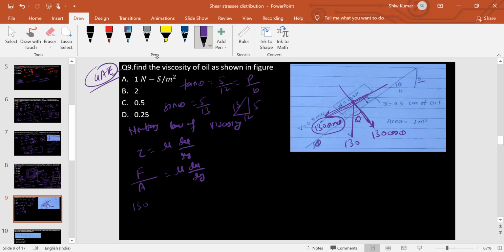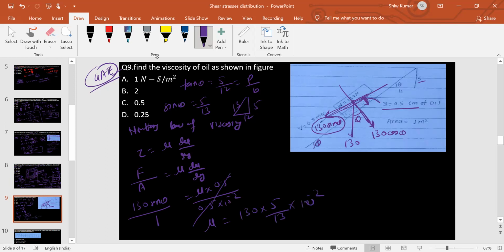Area is 1 meter square, mu I need to find out, velocity is 0.5, and the thickness between the plates is given as 0.5 centimeter, which is 0.5 into 10 raised to minus 2. So the 0.5 gets cancelled. The mu value is 130 times sin theta, which is 5 by 13, divided by 10 raised to minus 2. The 10 times gets cancelled, and if you simplify, you will get 0.5 Newton second per meter square.